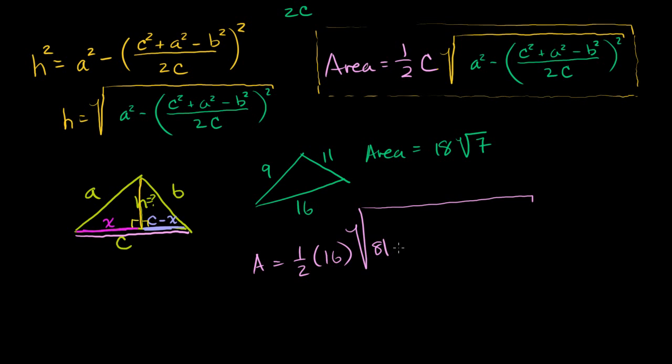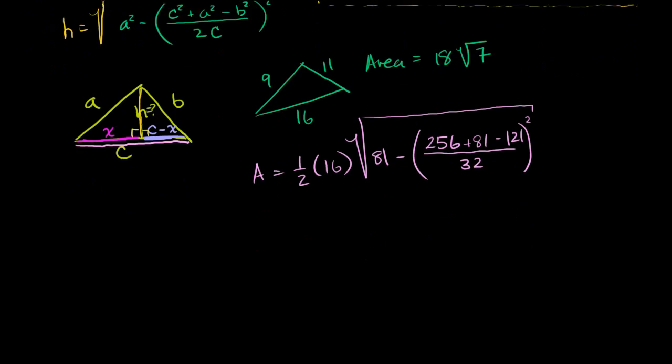That is 81 minus, let's see, c squared is 16, so that's 256, plus a squared, that's 81, minus b squared, so minus 121. All of this stuff is squared. All of that over 2 times c. All of that over 32.